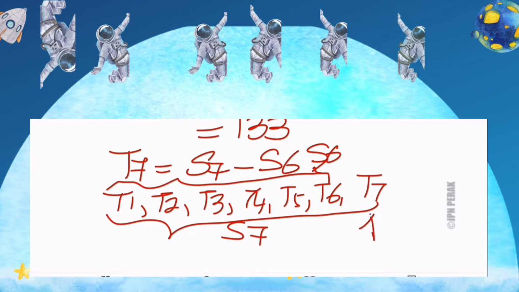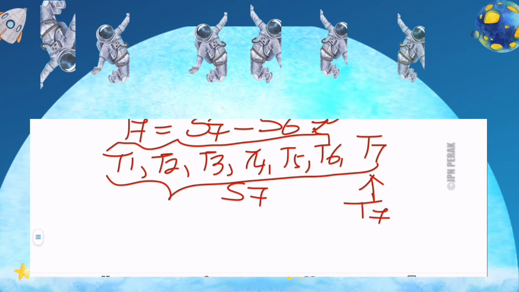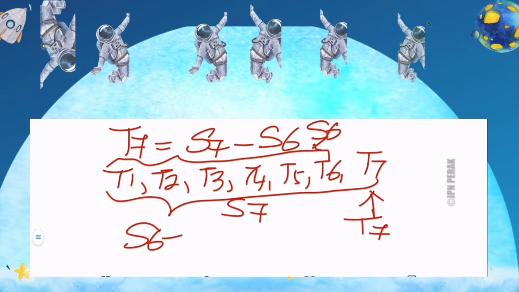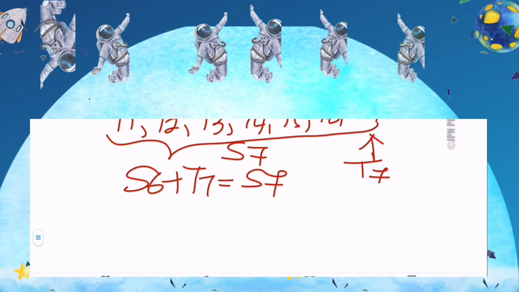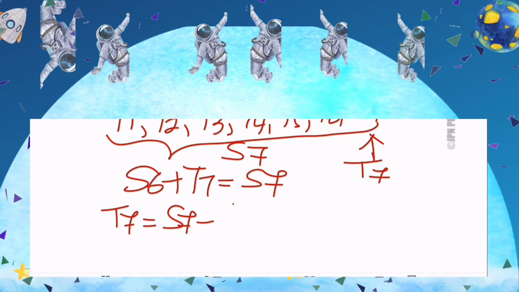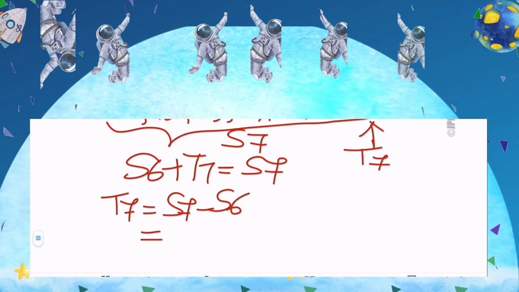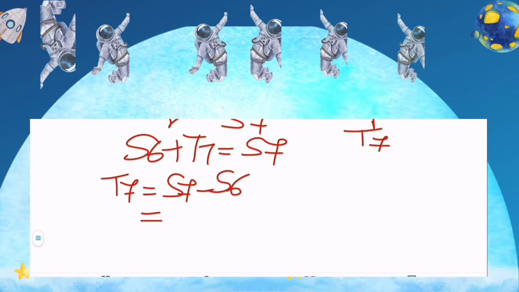So you can see S6 plus T7 equals S7, then T7 equals S7 minus S6, or Tn equals Sn minus Sn minus 1.